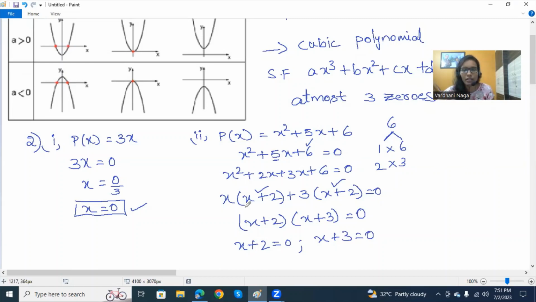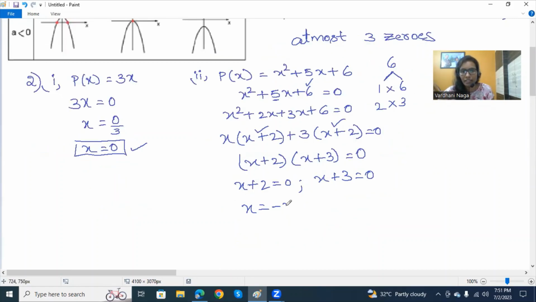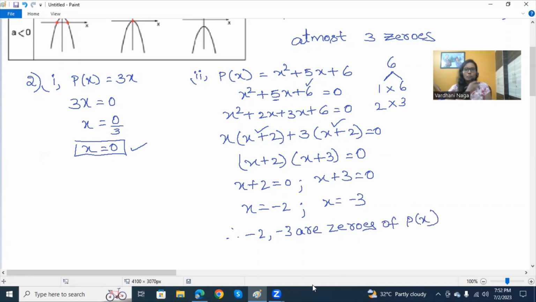So x is equal to, when you transpose to the other side, minus 2, and when you transpose to the other side you will get minus 3. Therefore minus 2 comma minus 3 are zeros of the quadratic polynomial p of x.